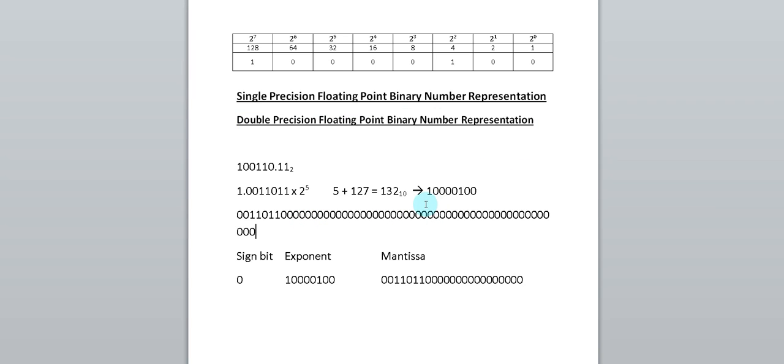And for the exponent, since the bias of the single precision floating point is 127, the bias of the double precision representation is 1023. That won't change. That will always be 1023.